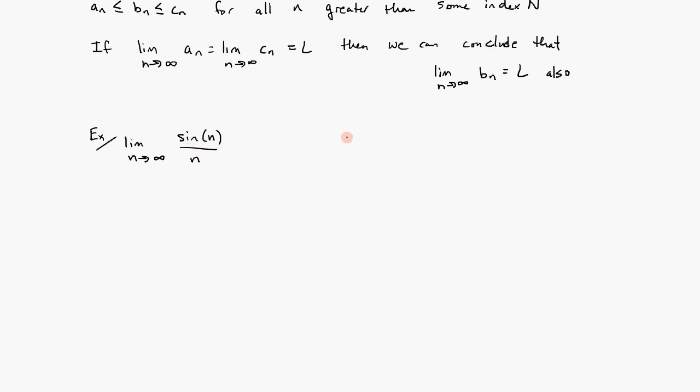So we're going to use the fact that the sine function is always between negative 1 and 1. And so I can relate this to the sequence. So if I divide everything by n, you get minus 1 over n is less than or equal to sine of n over n, which is less than or equal to 1 over n.